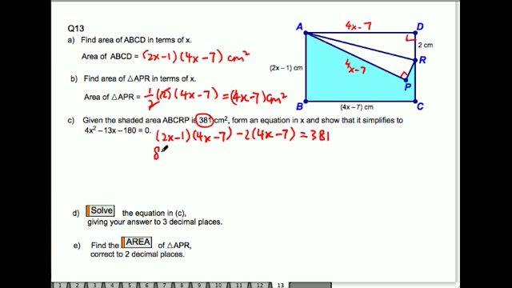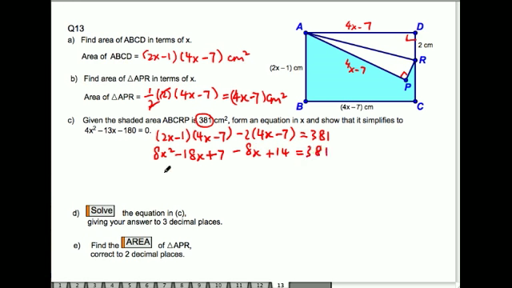Expanding this, we have 8x squared minus 4x minus 14x plus 7 minus 8x plus 14 equals 381.